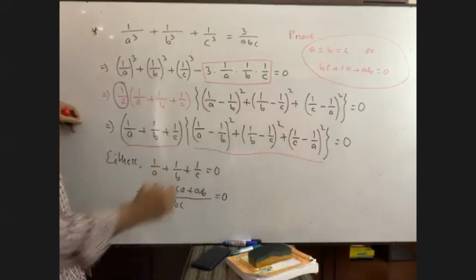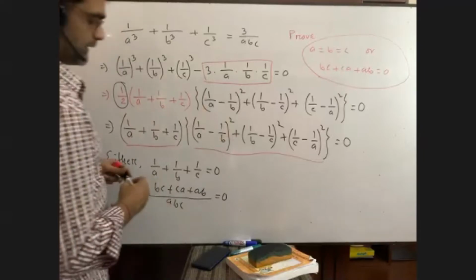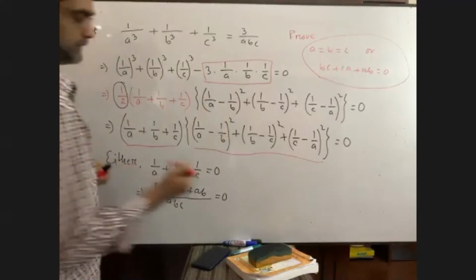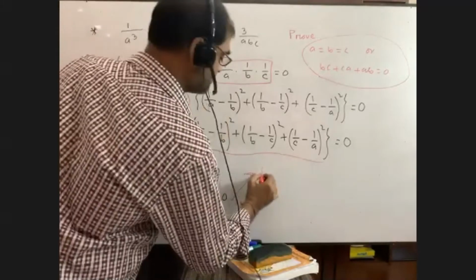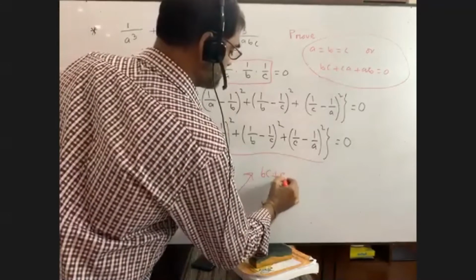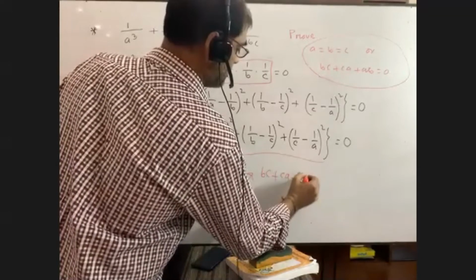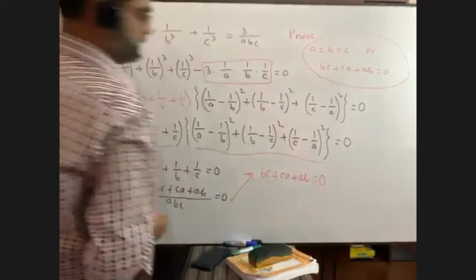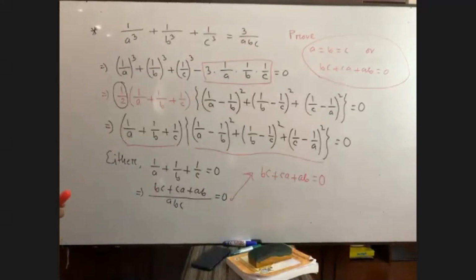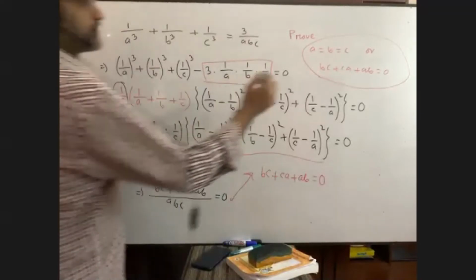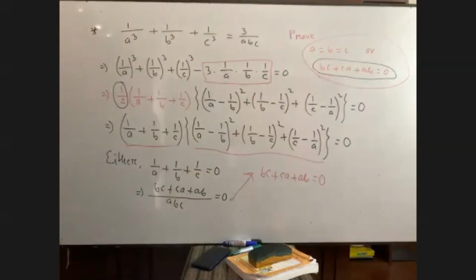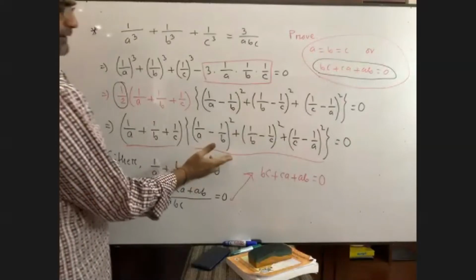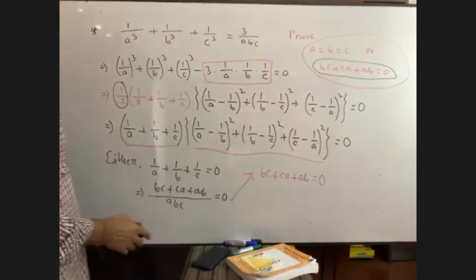Is it? Yes, sir. From here we can write bc plus ca plus ab equals 0. Have you seen one of the proofs we have done? Yes, sir. Now, yes, this part is left yet, right?